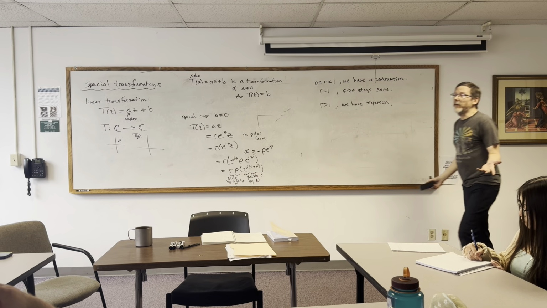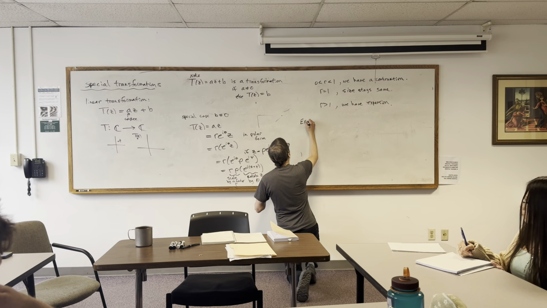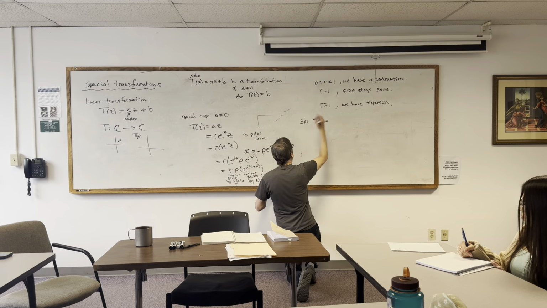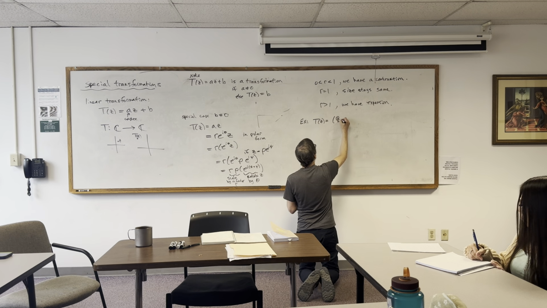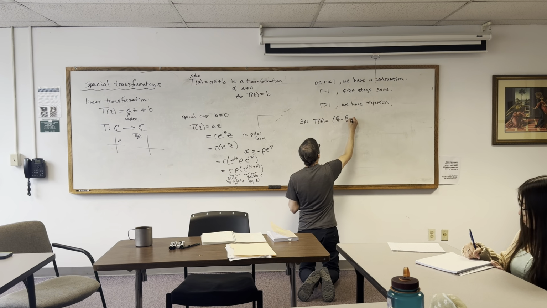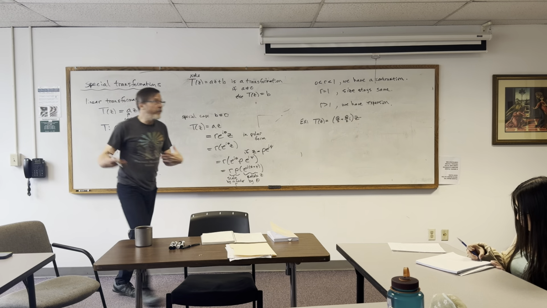So let's just take a quick example and look at it. Suppose that T of Z equals square root of 2 plus square root of 2i times Z. Let's start with that. What is this going to do?